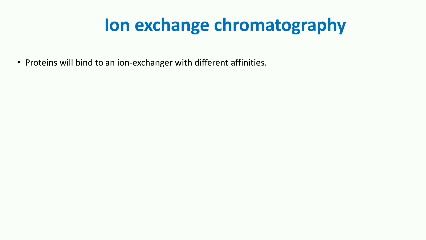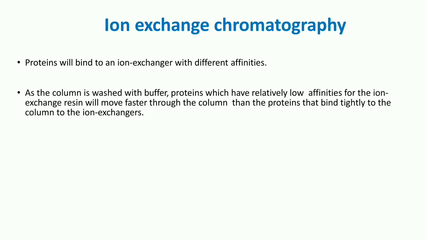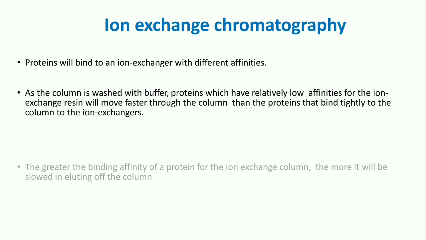So proteins will bind to an ion exchanger with different affinities. As the column is washed with buffer, proteins which have relatively low affinities for that particular ion exchange resin will move faster through the column, and the proteins that bind tightly to the column will be retained in the ion exchanger.